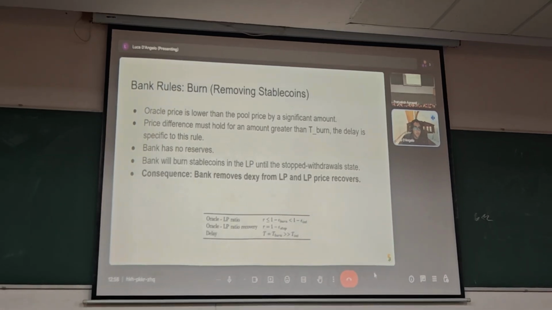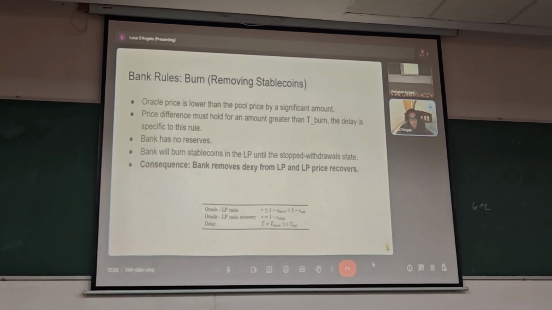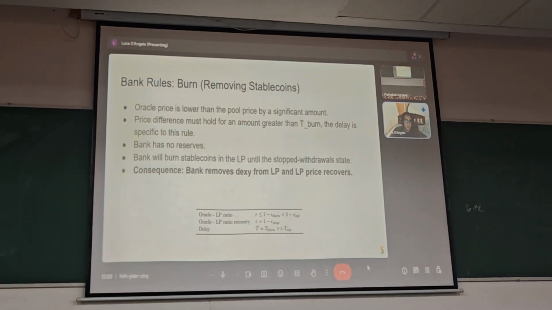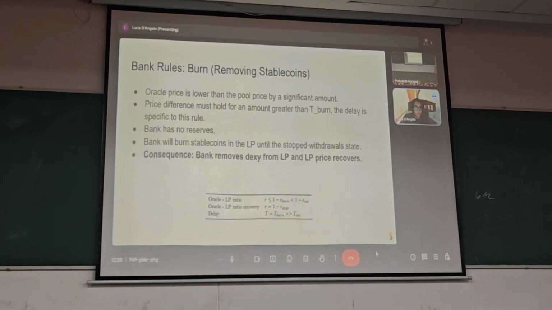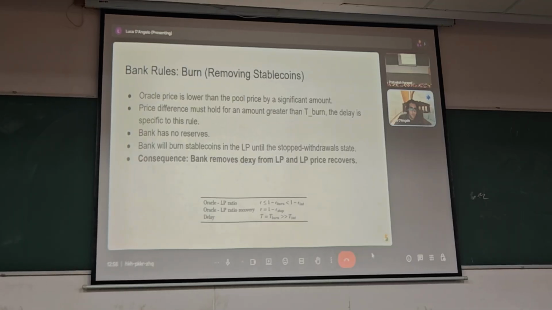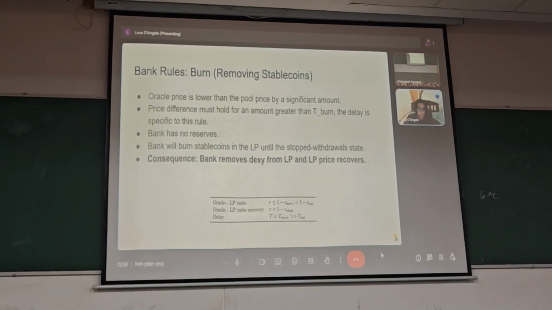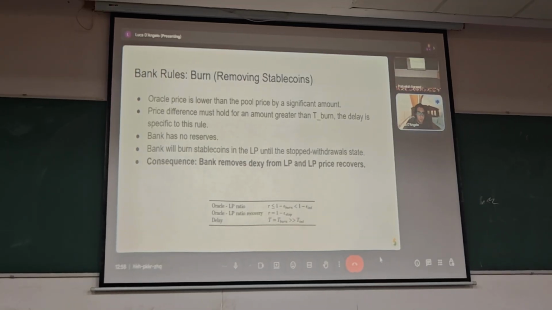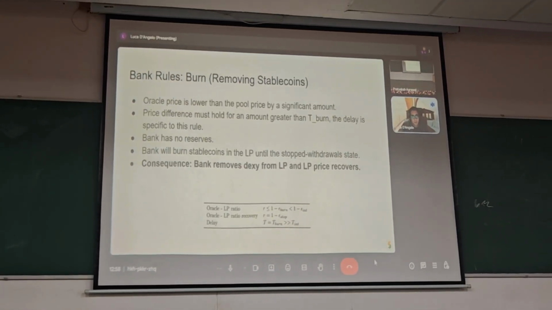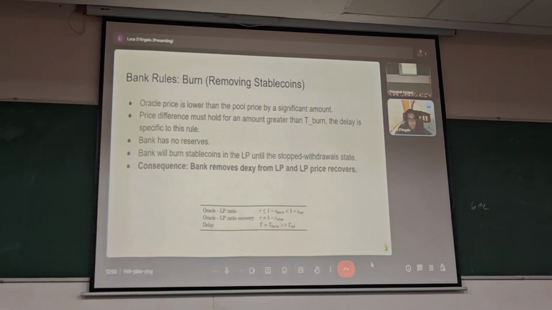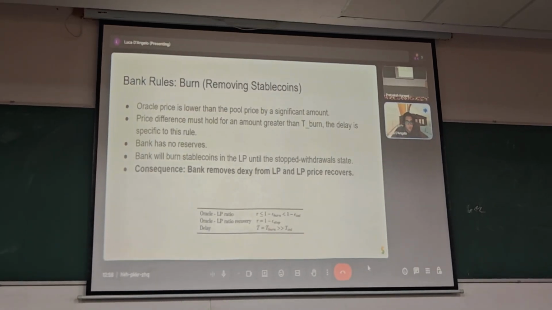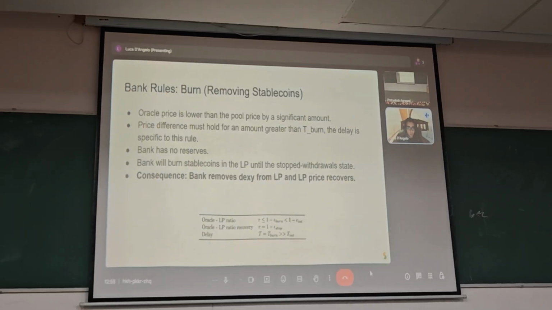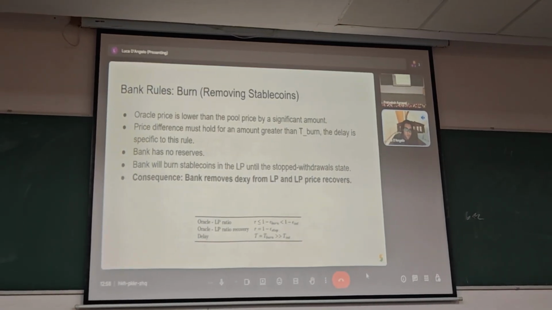So the second way that the bank can intervene into the liquidity pool is by extracting or removing stablecoins. One possible way to do it would be to burn the stablecoins in the liquidity pool. So here the oracle price is lower than the pool price by a significant amount, and the difference has to hold for an amount greater than Q burn, and then the rule applies.